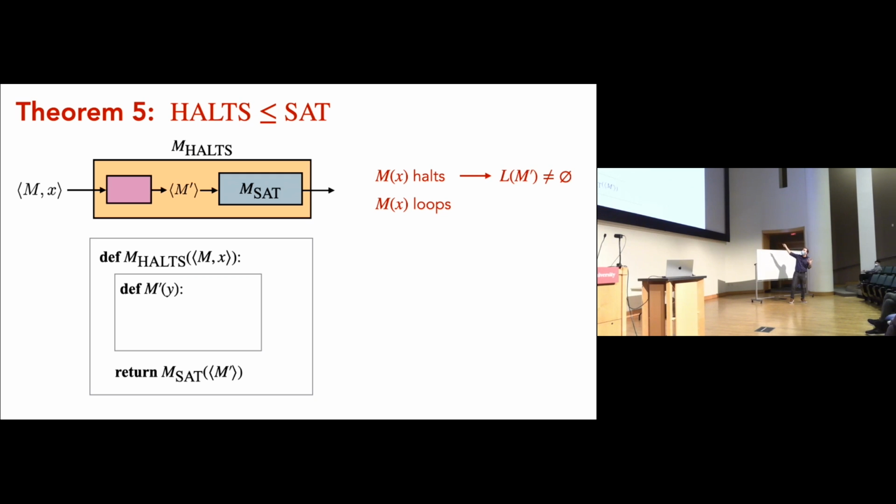That's what it means to be satisfiable. And if m of x loops, then I want L of m prime to be the empty set. It's not satisfiable; there's no string that makes m prime accept. So I need to make these correspondences. Now, given this, how can I write the code for m prime such that these implications are satisfied?